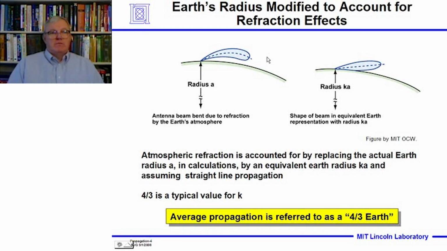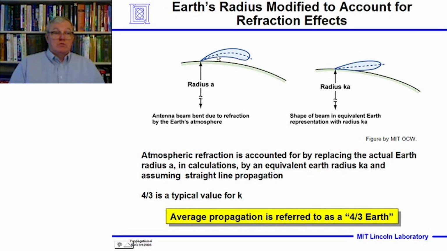Now you could see from the previous view graph that the distance you can see depends on how curved the Earth is. Okay? If the radius of the Earth were greater, you could see farther.